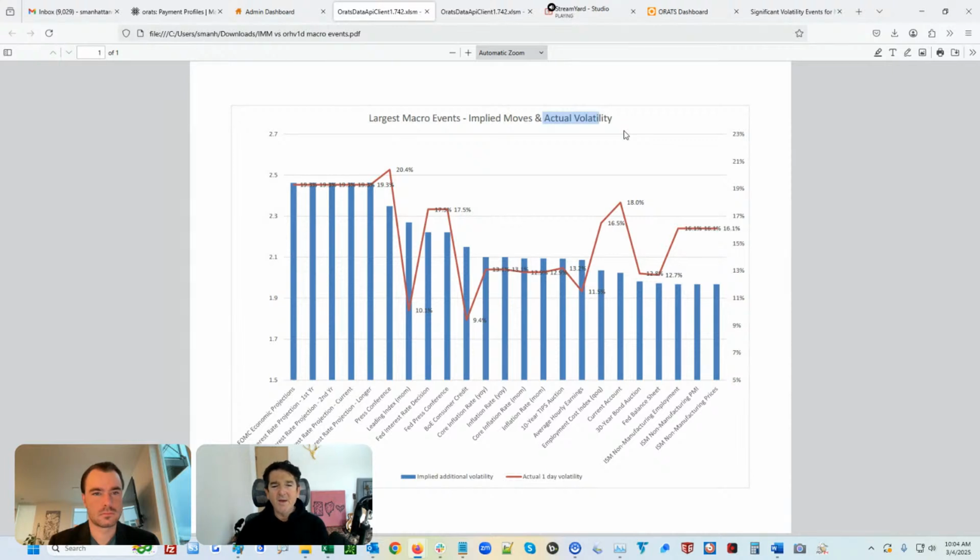So we have the one-day Parkinson, or ORHV1D is how we label it. It's the ORATS historical volatility one day. It's the red line, so that's what we call actual, and then the implied average moves are the blue bars going up.